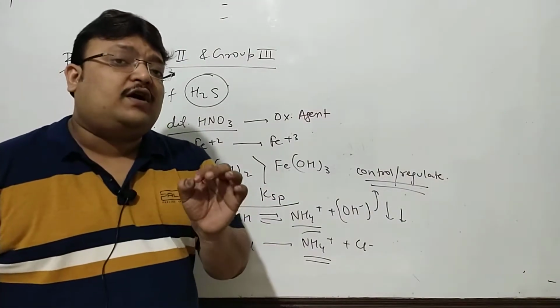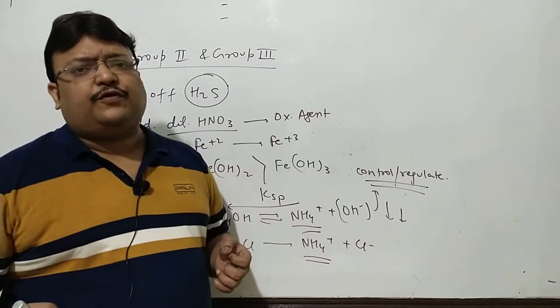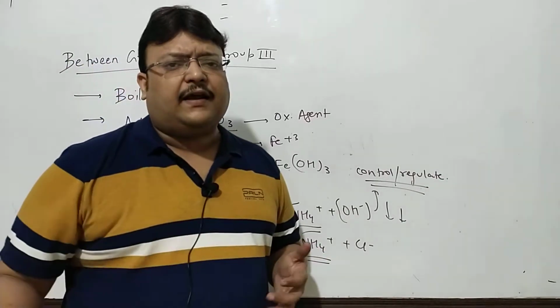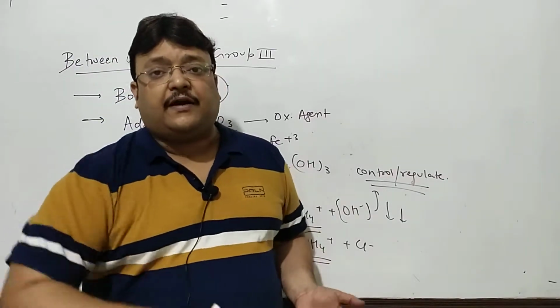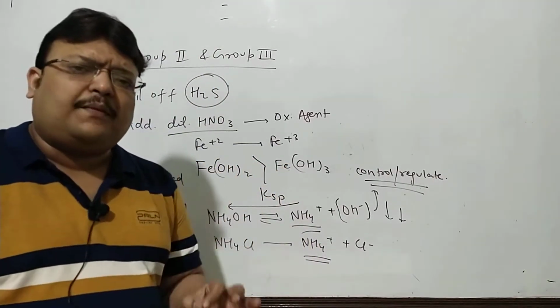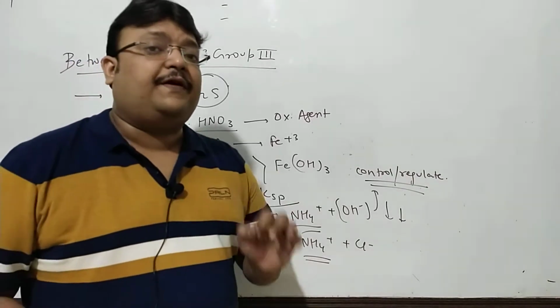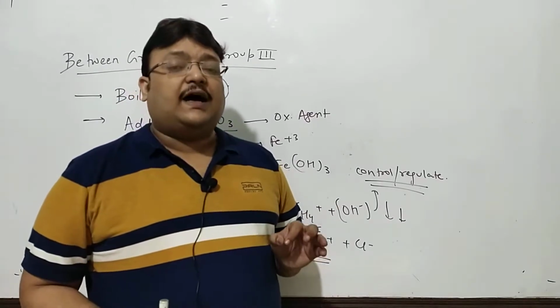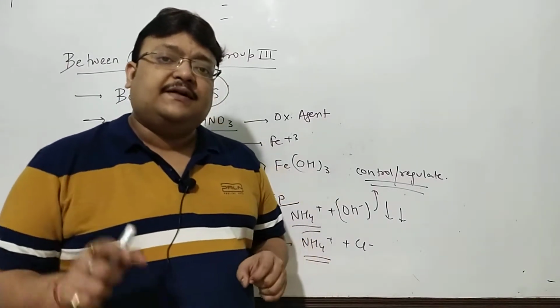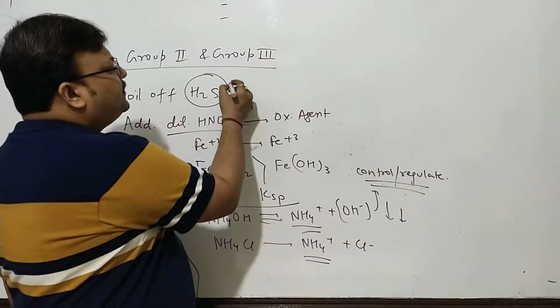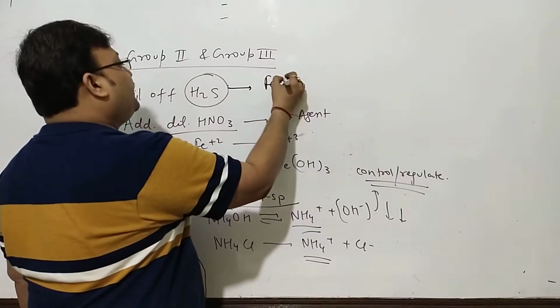You use a calculated amount of nitric acid because if you add a lot of nitric acid, some other radicals like manganese could become manganic and can precipitate in group 3 itself. So you use a small amount of nitric acid. Even if you know that the iron in the sample is in the ferric form, still you want to add nitric acid because H2S would have reduced ferric to ferrous.